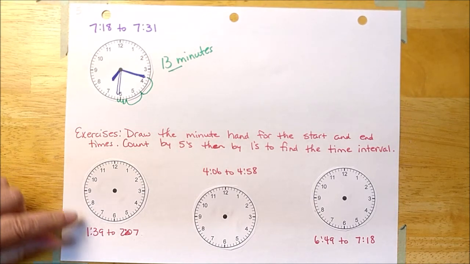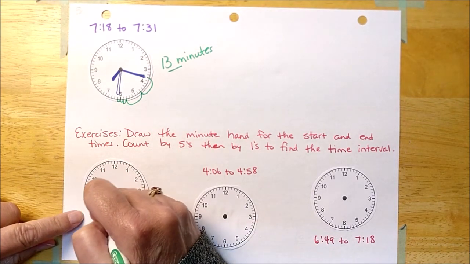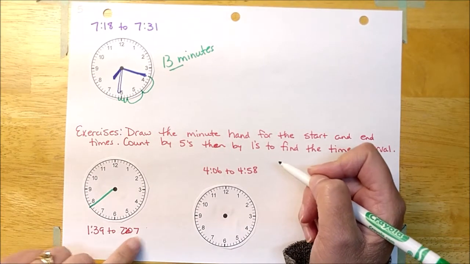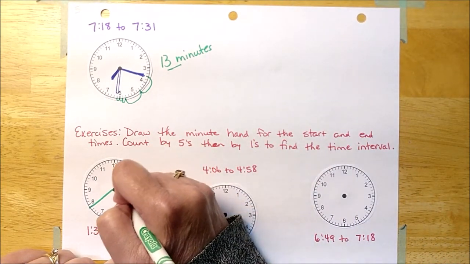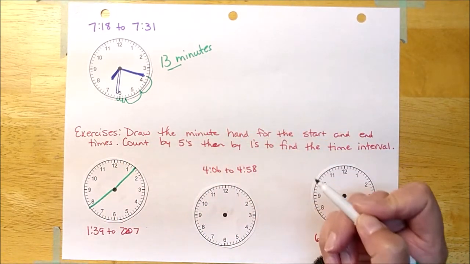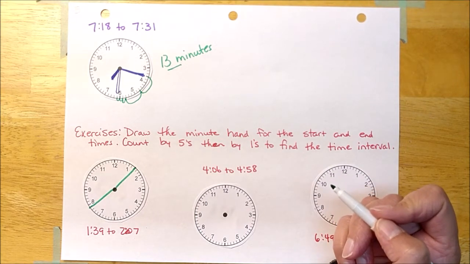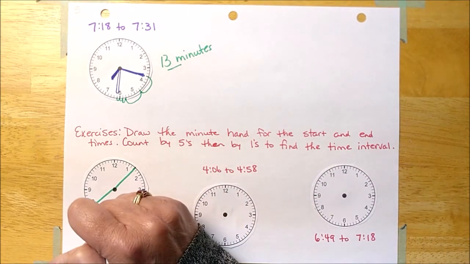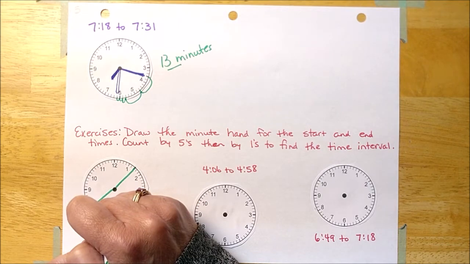Okay, you're back. So 3:39 is right here. And we have to go to 2:07, and 2:07 is right there. Ooh, they almost look like they're across from each other, but I don't think they are. So we're counting from the line before the number.